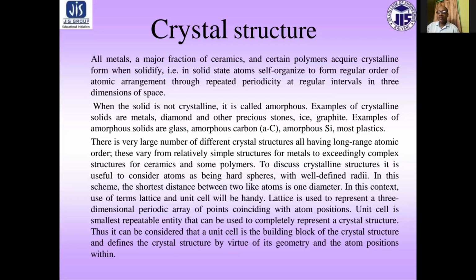There is a very large number of different crystal structures, all having long range atomic order. These vary from relatively simple structures of metals to exceedingly complex structures of ceramics and some polymers.